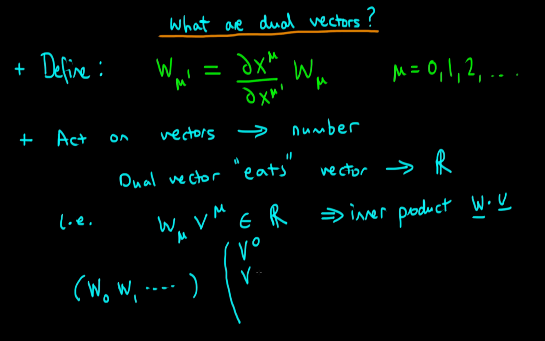So here we have v0, v1, etc., all the way up to vn, if you like. And then if we were to multiply this out, we would get just what we had before, w mu times v mu, which, as you can see here, quite clearly just represents a number.